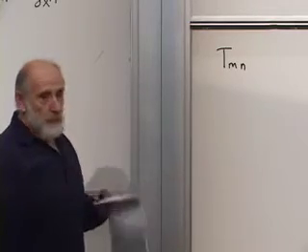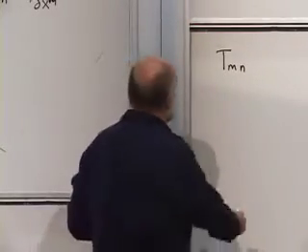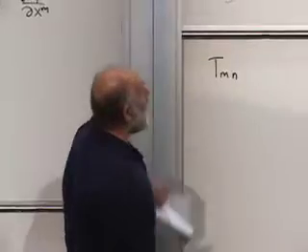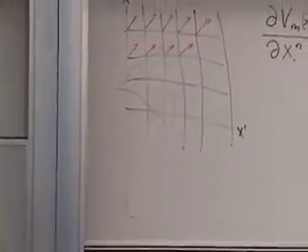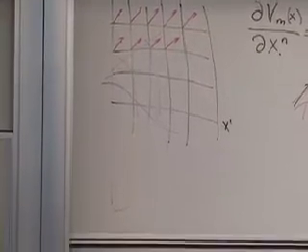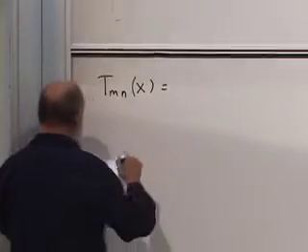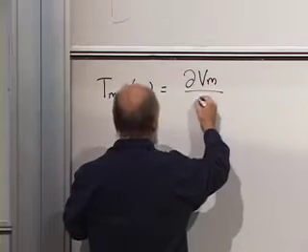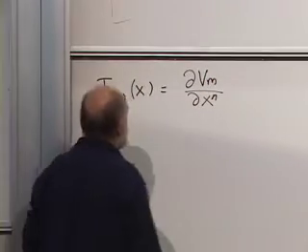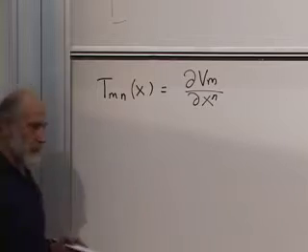Supposing there exists some tensor T_mn of x, in the x-coordinates, by which I mean rectangular Cartesian coordinates, which is equal to the derivative of some vector with respect to x in the x-coordinate system.